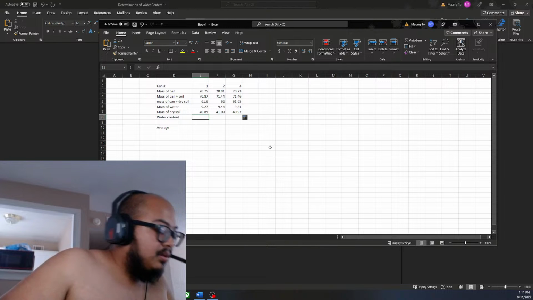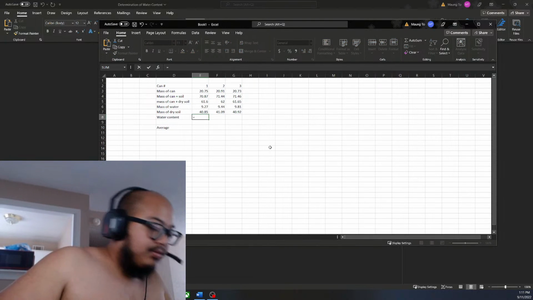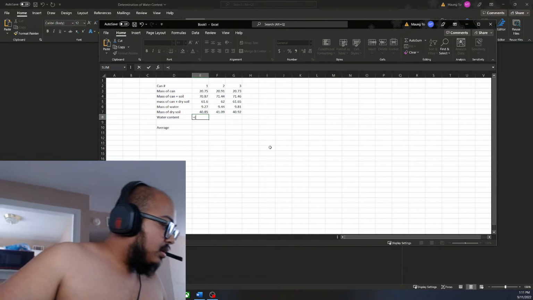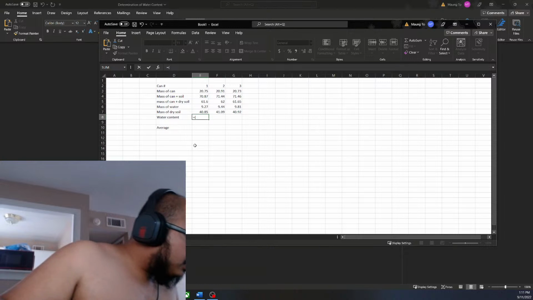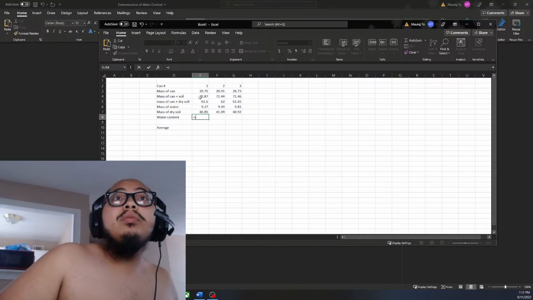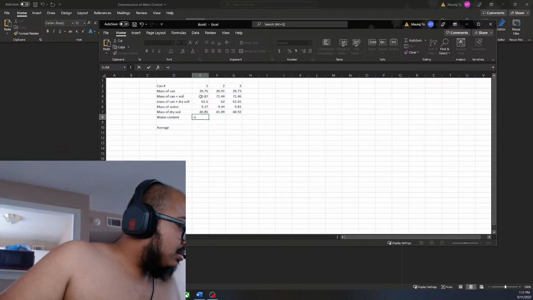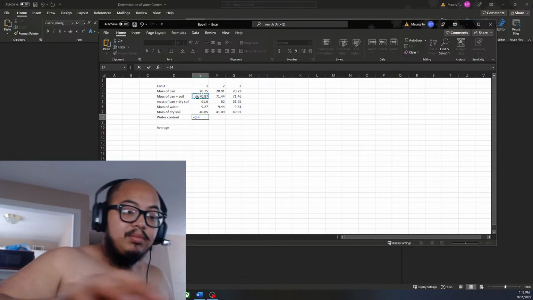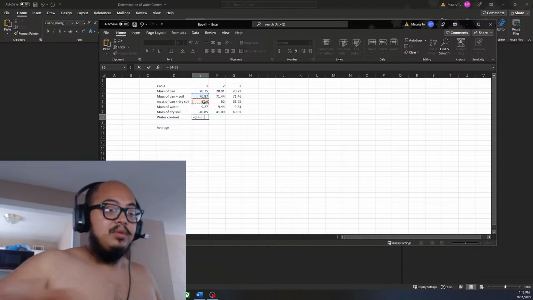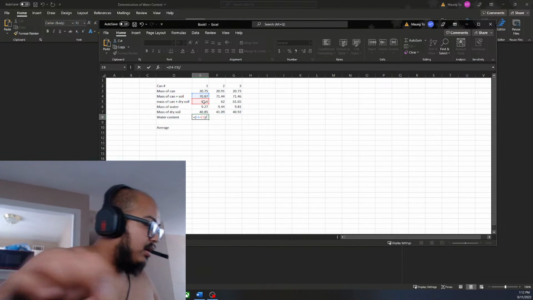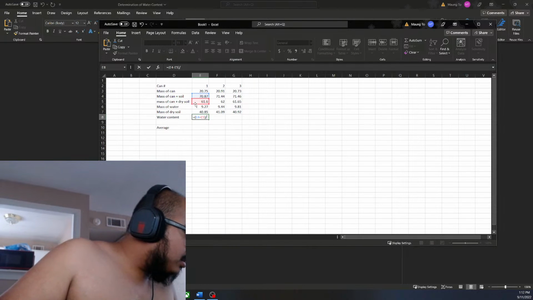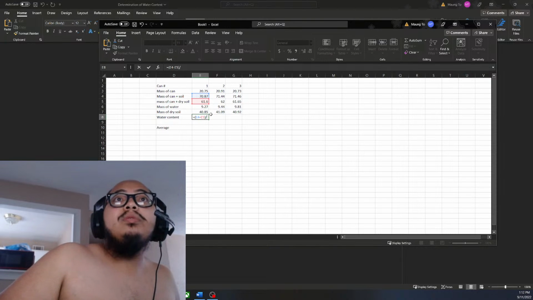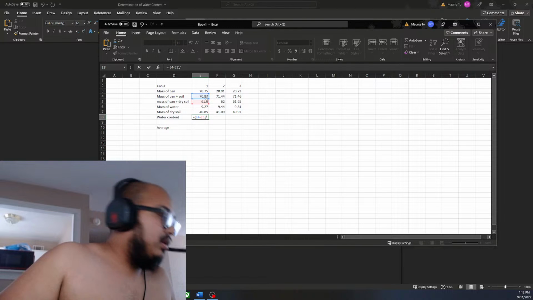Then water content. This one's a little more complicated, but it's fine. So it will be M2 minus M3. So M2 minus M3. What's M2? M2 is the wet soil minus the dry soil, divided by, I think, M3, which is the dry soil.